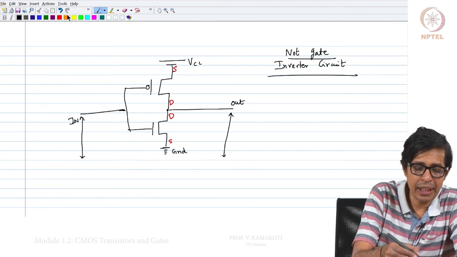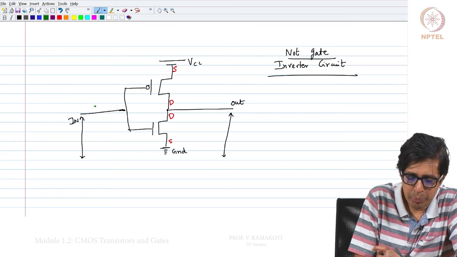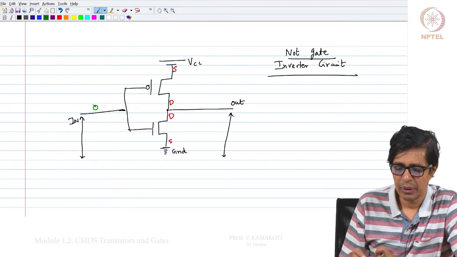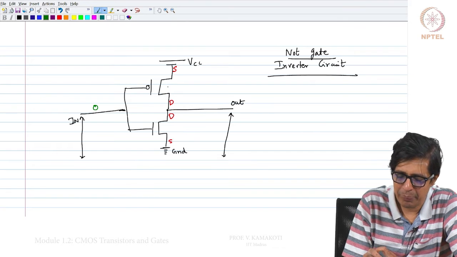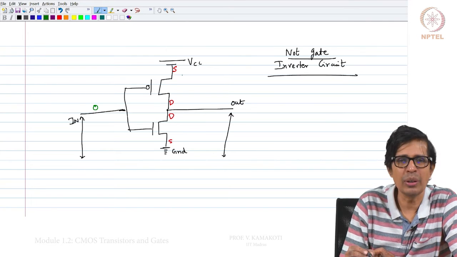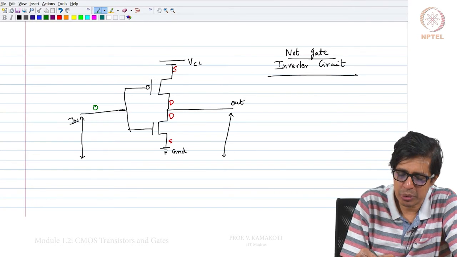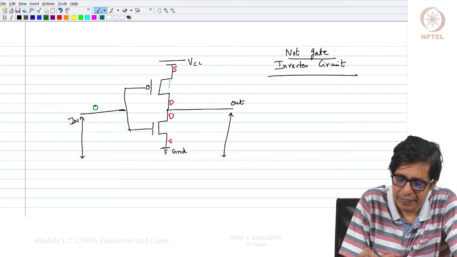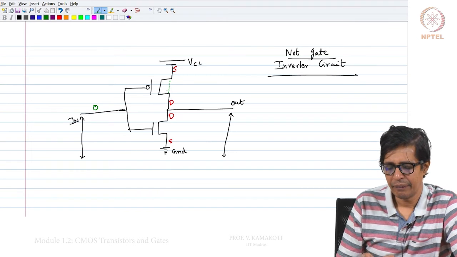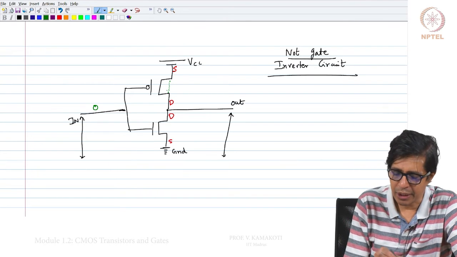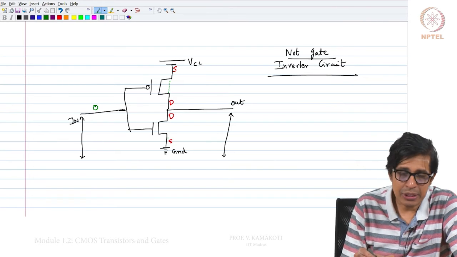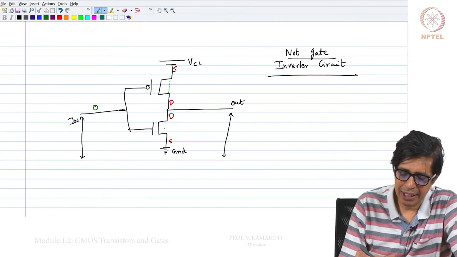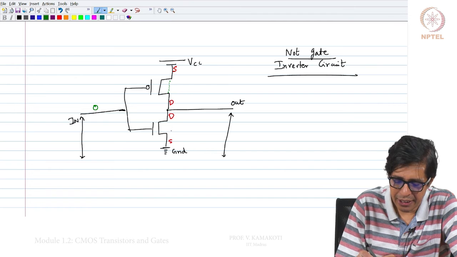Now, suppose I give a 0 as an input. When 0 is applied to the P transistor, what will happen? It is switched on, that means the source is connected to the drain. When I give a 0 to the N transistor, what happens? It is switched off, and that means the source is not connected to the drain. So, this is basically open.